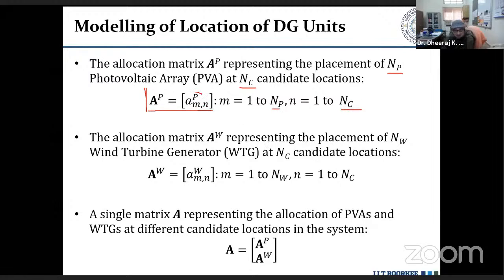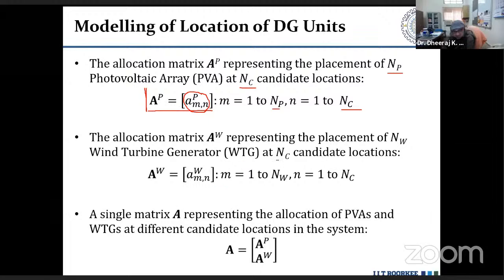and a particular individual element Mn of this matrix indicates the number of photovoltaic arrays of type M placed at location N. Similarly, we can model the location matrix for wind turbine also.